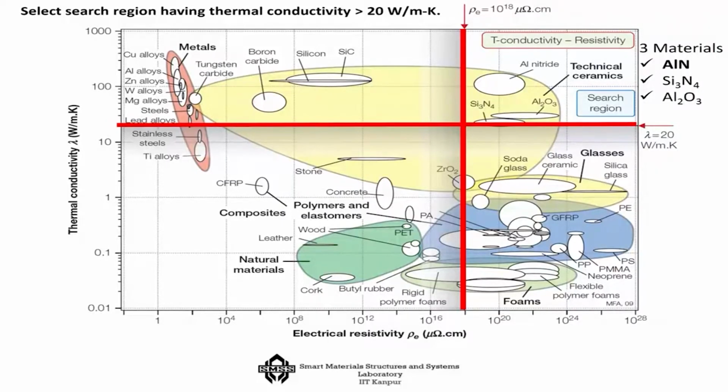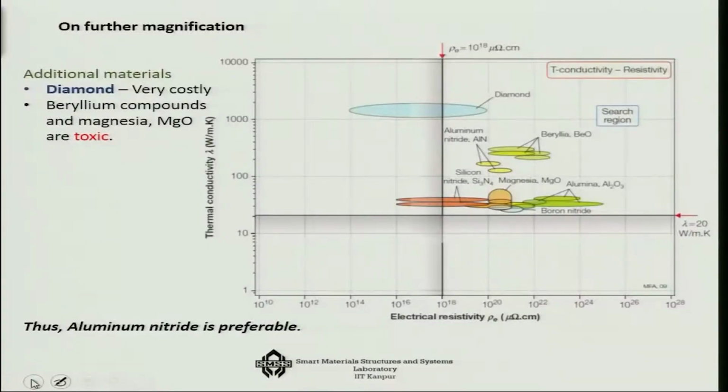With that we can get such materials, and if you further magnify you will also see some materials which also come inside, like diamond for example, which is slightly better in terms of thermal conductivity, but not in terms of electrical resistivity. Of course, diamond is very expensive.